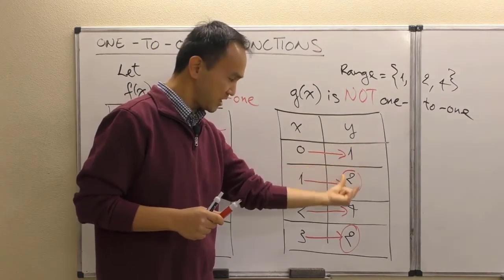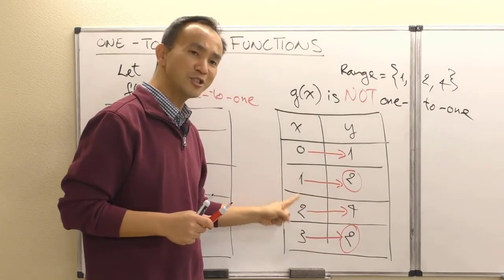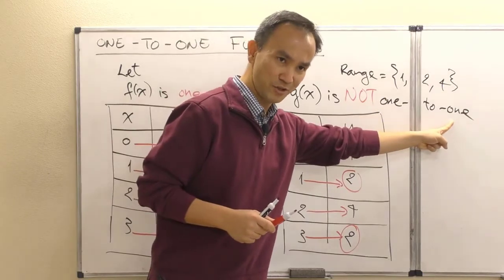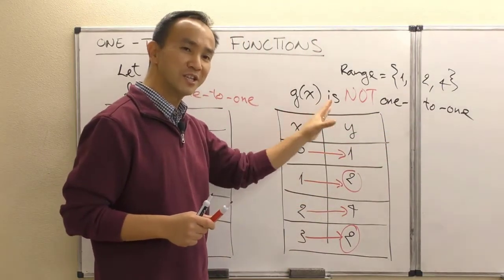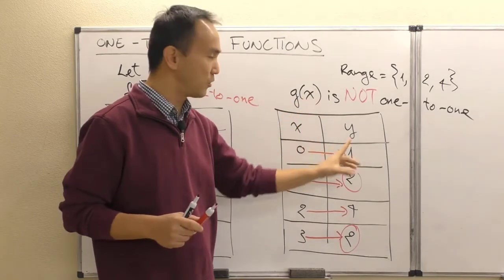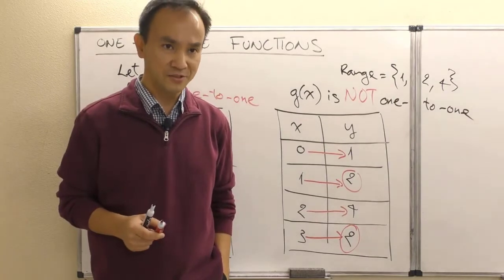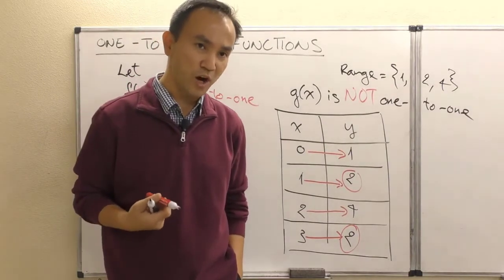But for this output 2 right here, there were not only one input taken to that one output. That's why this function fails to be one-to-one, or in other words, g of x, this table, is not a one-to-one function.